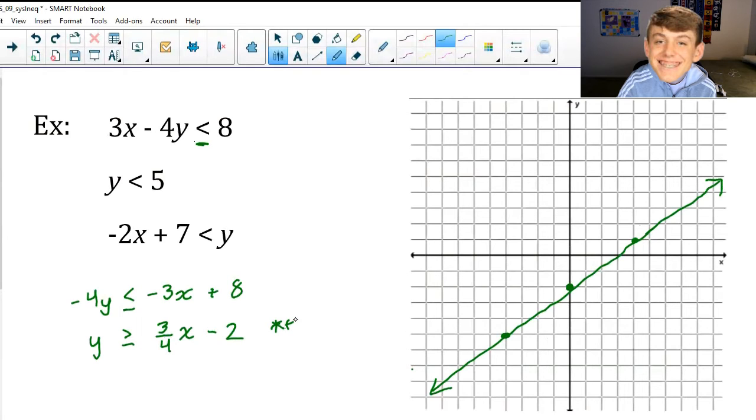Again, I'll put a little star here. And I'll go ahead and write my comments. So since it's greater than or equal to, we know the area that we want to shade is going to be above green.